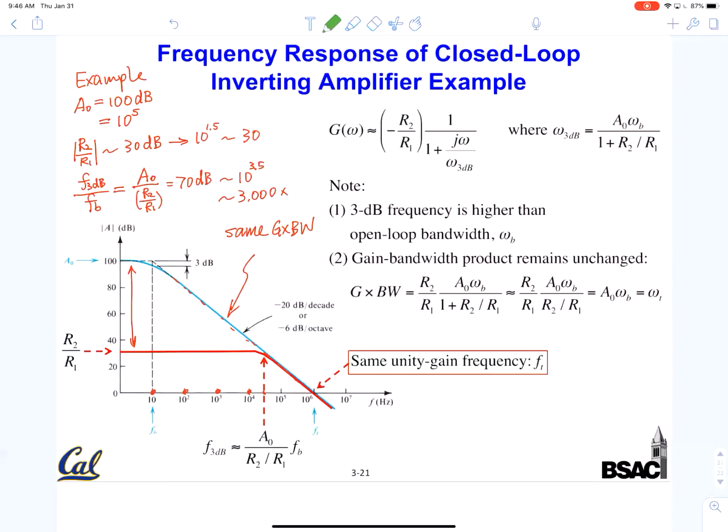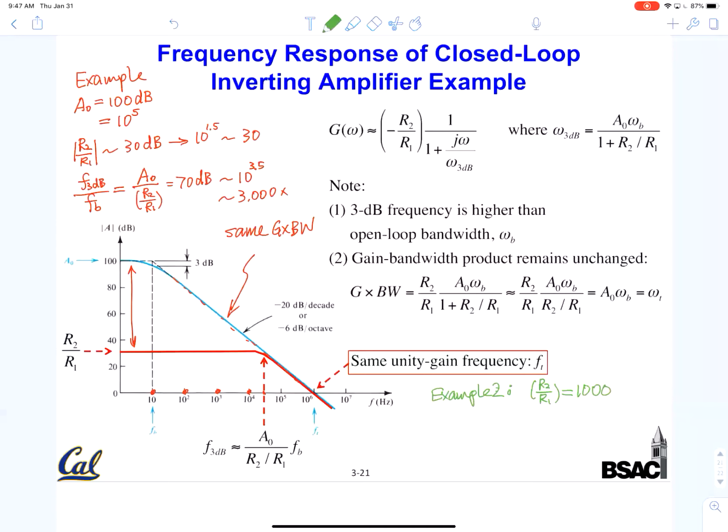So let's do example 2. Now I'll choose a different value. I now have a very large R2 over R1. Let's say I choose 1,000, just for example, to be more different.